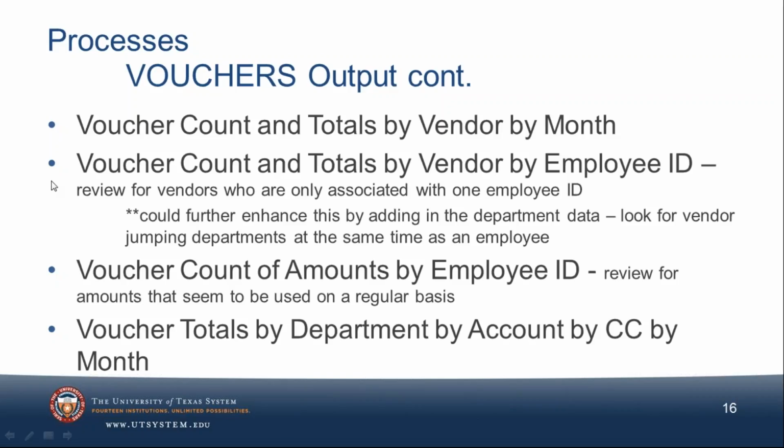Because if you find a vendor that only has one employee, you go back to that vendor summary and you see that their turnaround time is much less than everybody else, which could be an indication, again, that they're fake because their vouchers are getting entered and paid right away so that nobody else is looking at it.